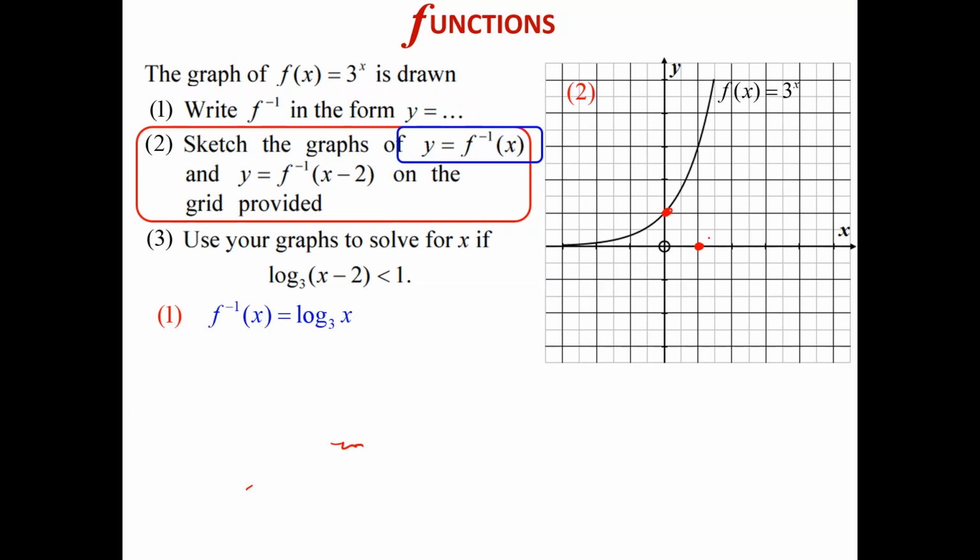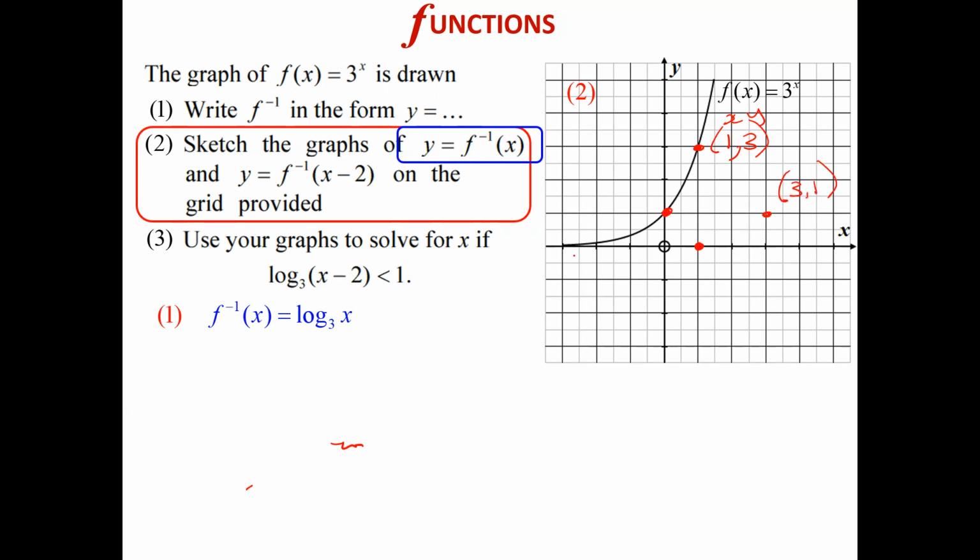And if you take any random point, as an example, if we take this point, the coordinates there are 1, 3. Remember we're swapping x and y, so that point will become 3, 1. So 1, 2, 3, and there's your point 3, 1.